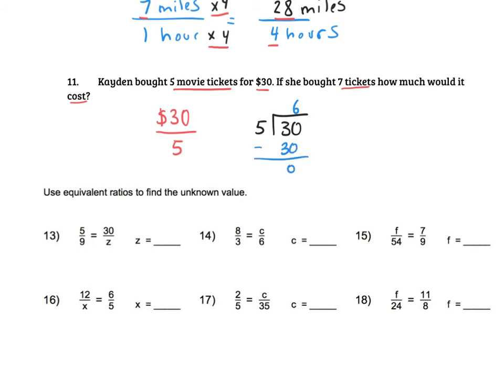So it's $6 per 1 ticket. If we want to buy 7, what are we going to have to do? 6 times 7. How much did it cost for Kaden's movie tickets?